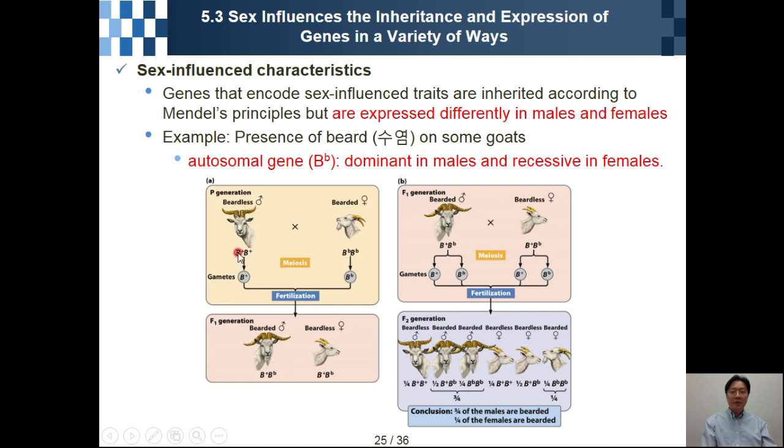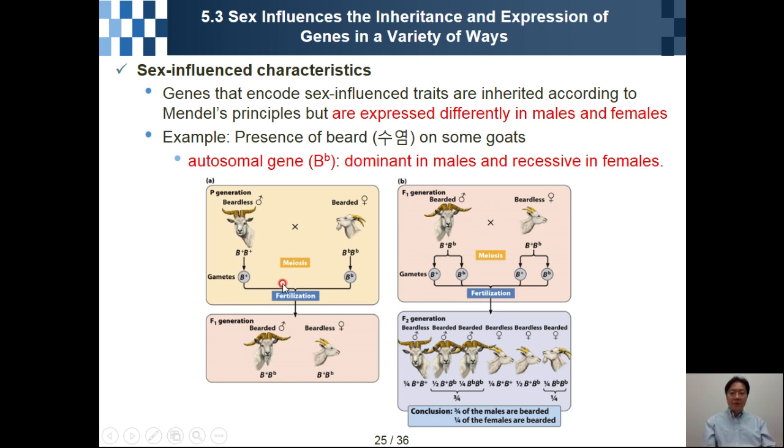The genotype is B+ B+, because they don't have any beard. But the female has a beard, and the female's genotype will be large B, small b, because it is recessive. Large B, small b is recessive in females.